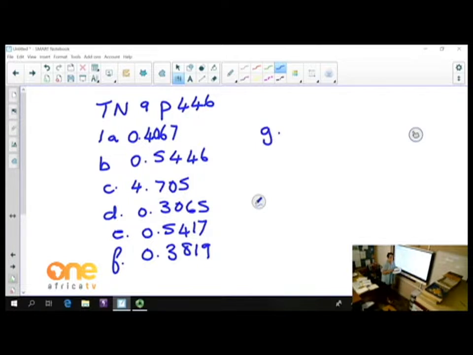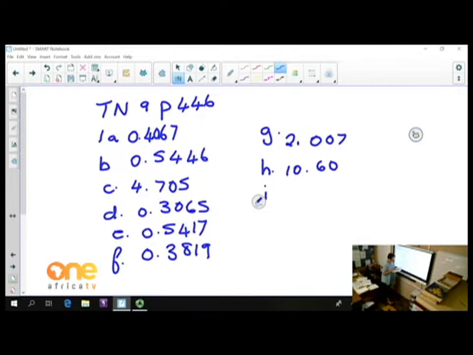Now this time there's a 3 in front, so we're going to say 3 times cosine 48 is equal to 2.007. Number H, 12 times sine 62 is equal to 10.60, rounding off again there.